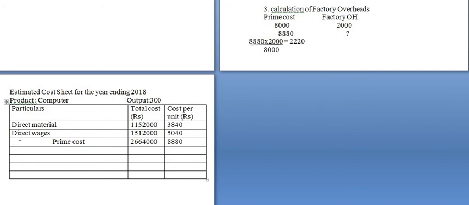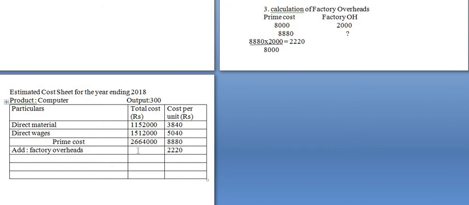So this will be 2,220. Okay. Now here in the estimated cost sheet, add factory overheads. Total cost per unit we know, that is 2,220 into 300 computers.